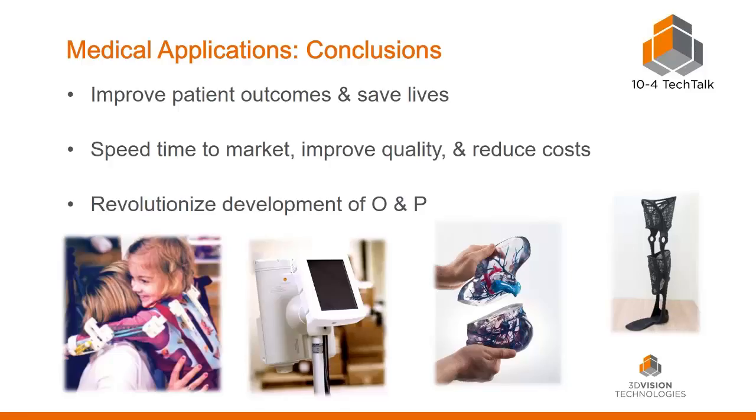We saw how device manufacturers are improving speed to market, improving quality, and reducing tooling cost. And then the last thing we touched on was orthopedics, orthotics and prosthetics, and how the development of that is being revolutionized with 3D printing.